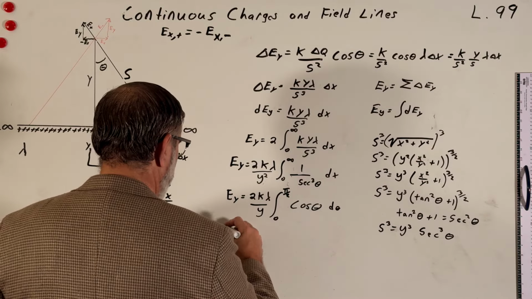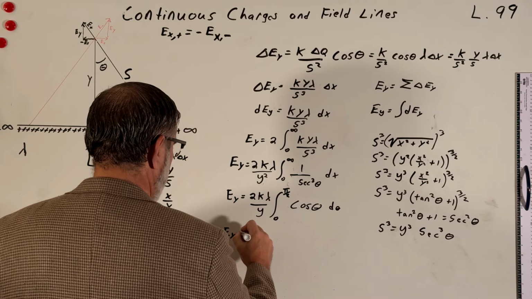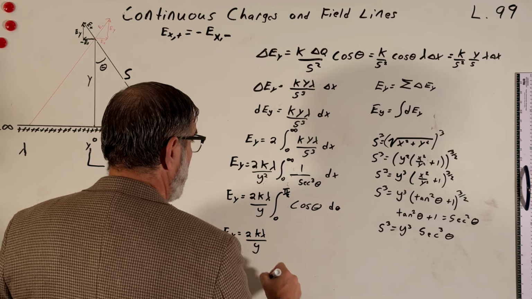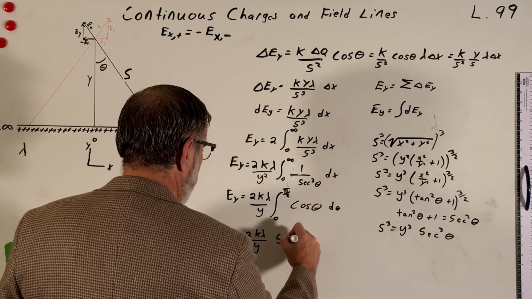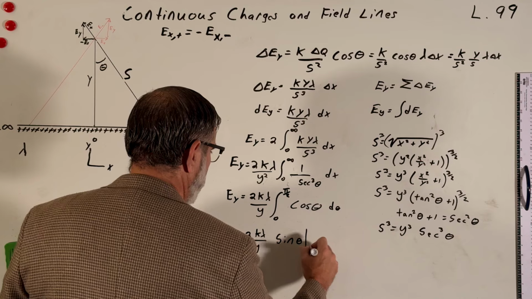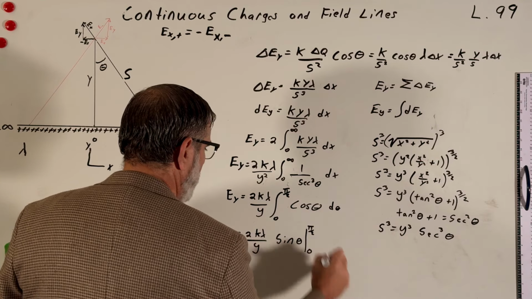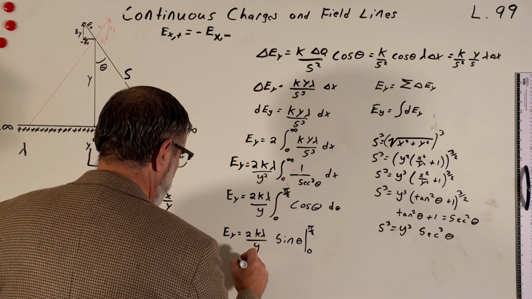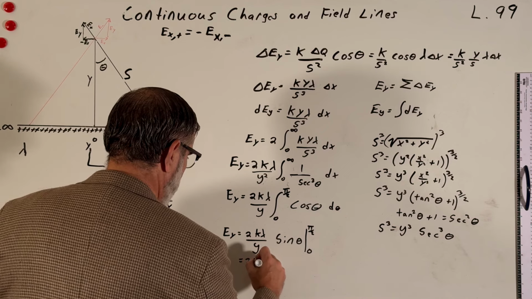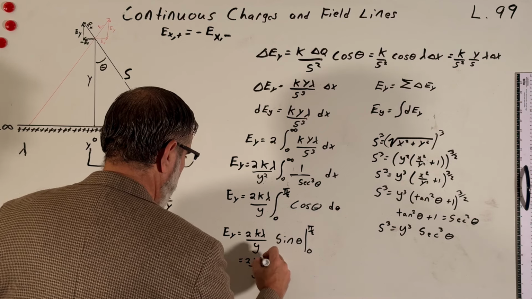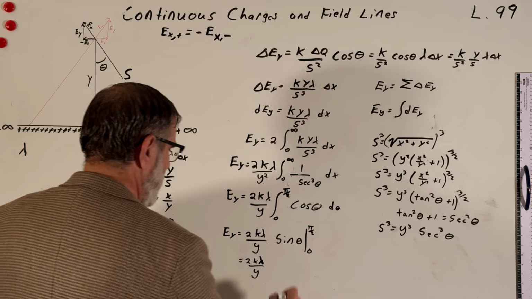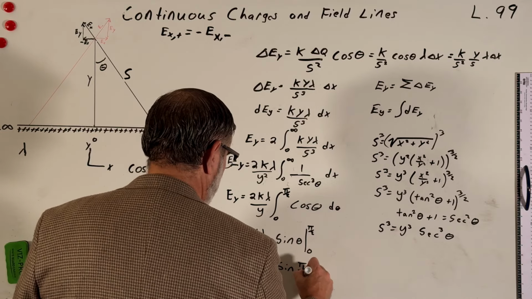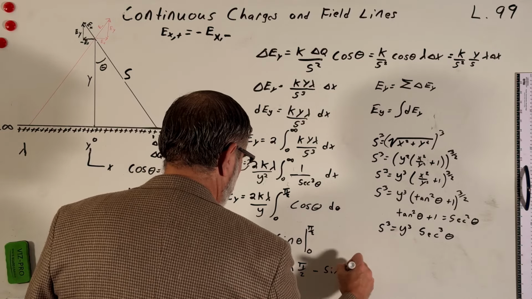So what do we get? Hope I get this right. E sub y is then equal to 2k lambda over y times the sine of theta evaluated from 0 to pi over 2. So that's going to be equal to 2k lambda over y, and that's a terrible lambda, by the way, times the sine of pi over 2 minus the sine of 0.